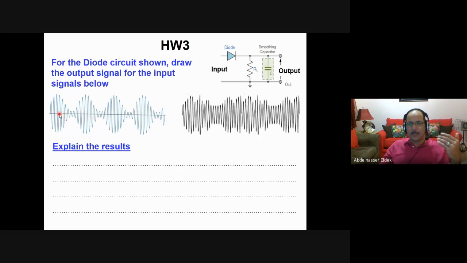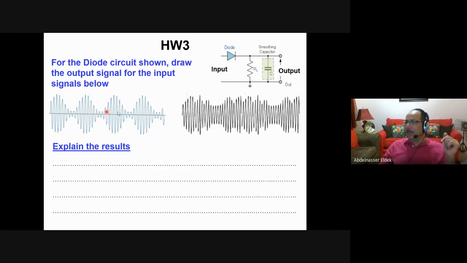The modulated signal is a high-frequency signal, like the one that we have here. But when we have a circuit like this, we restore the original signal by detecting these peaks and then interpolating them.